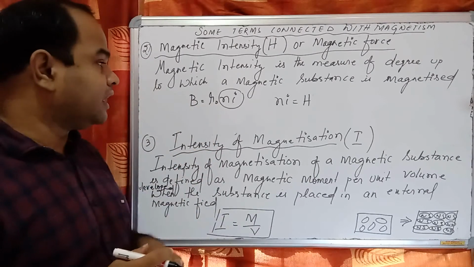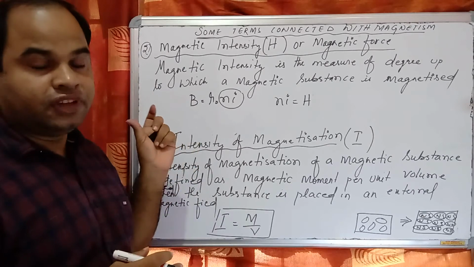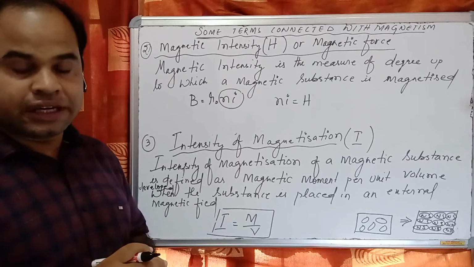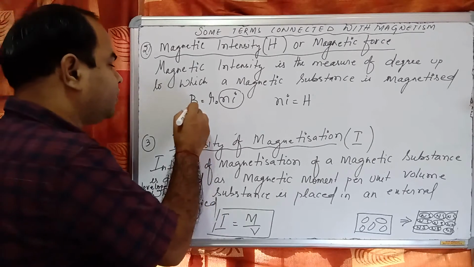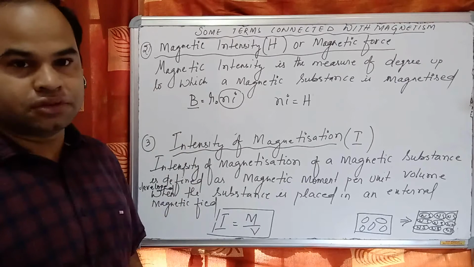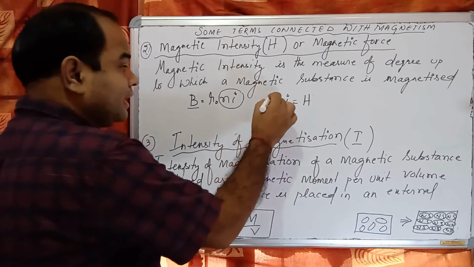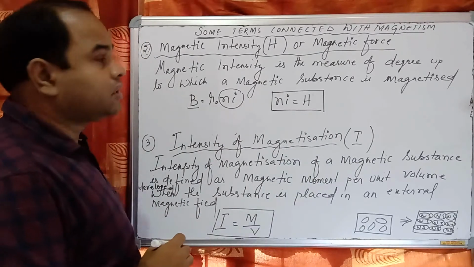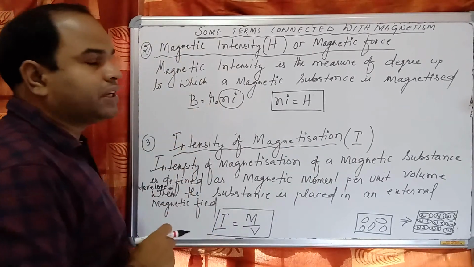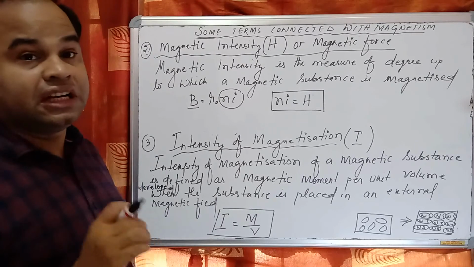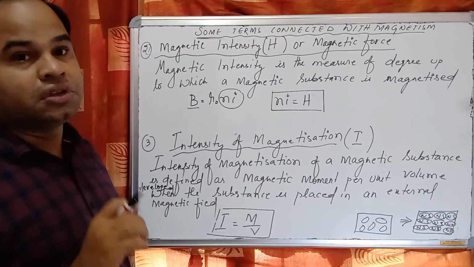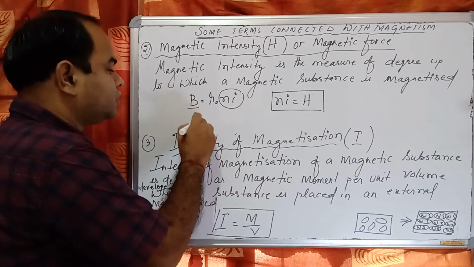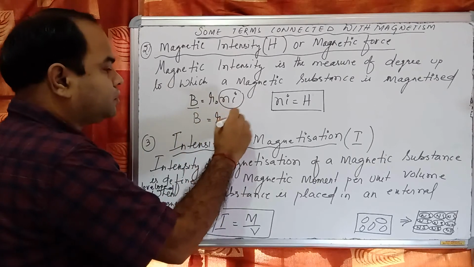Now when they travel in the medium, they create magnetic field and they will have magnetic field strength, that is B. So this Ni is called H, or magnetic intensity or magnetic force. It is the field lines produced by the solenoid. So B is mu naught into H.